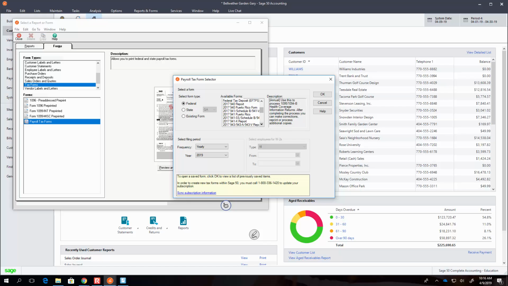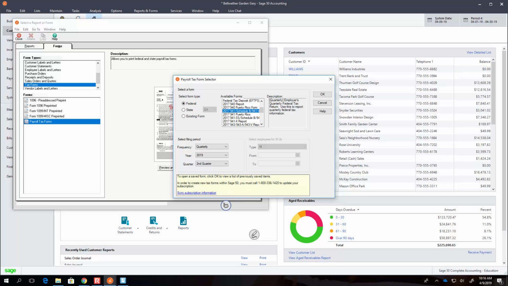Remember, this is an educational software. You're not going to have the latest and greatest form. So 2017, 941 with Schedule B. Once you click on that, you basically hit the next button until you get to the form and print it out as a PDF file.